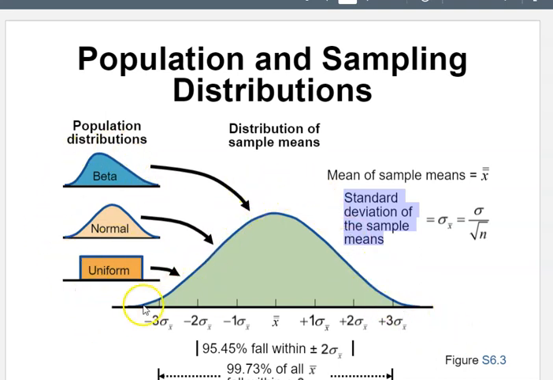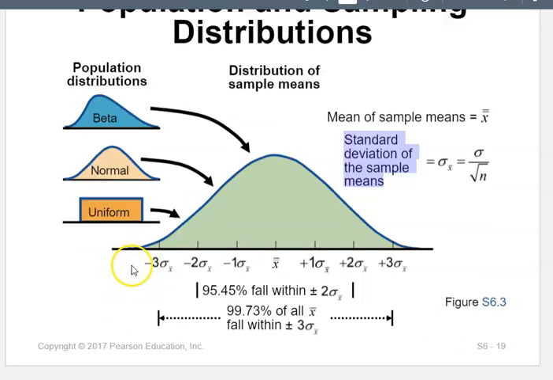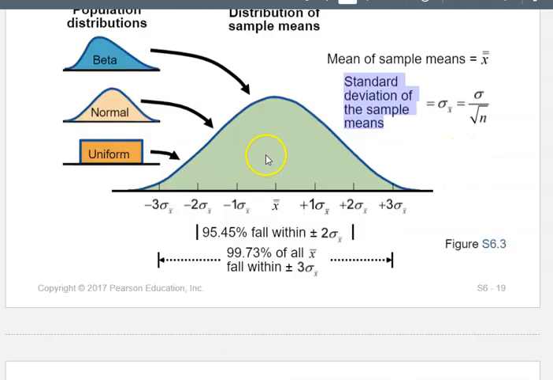And having a normal distribution can help us in creating the control charts. The rules that you learned before: 2 times standard deviation away from the mean includes 95% of your observations. 3 times, 99.7%, right? 1 time, 68%. You have learned that in the past in statistics.